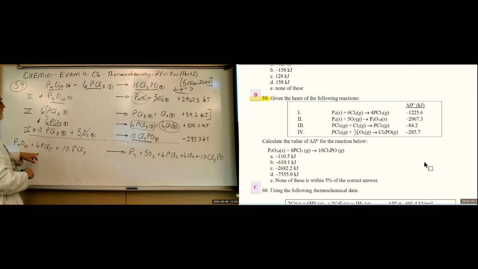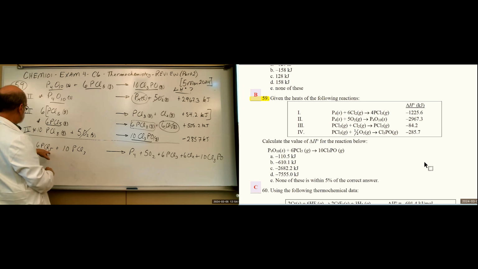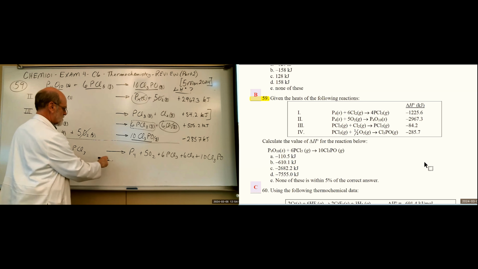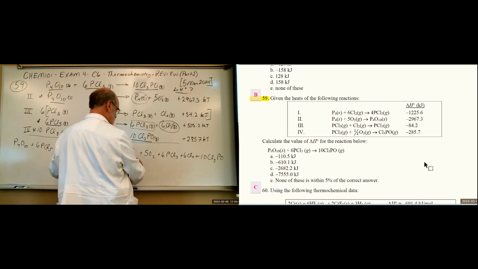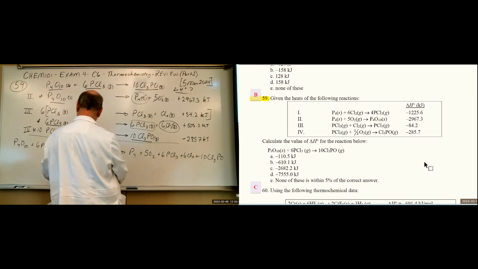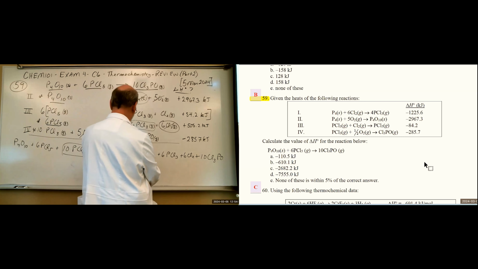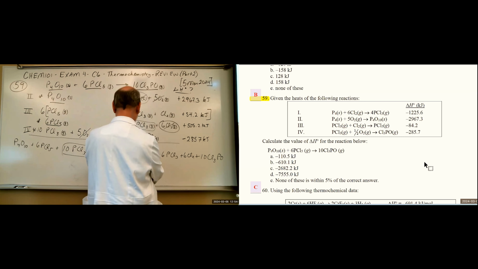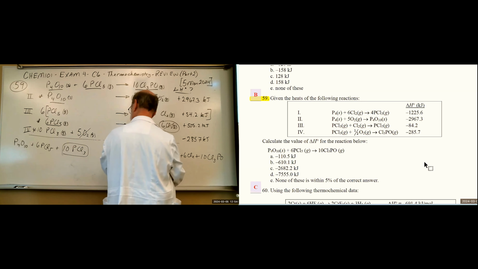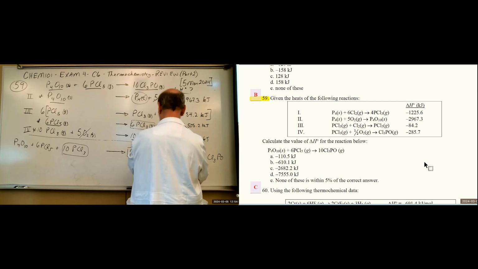Keep this one. Keep this one. This one we're going to deal with. P4. This one we're going to deal with. 6 PCl3.